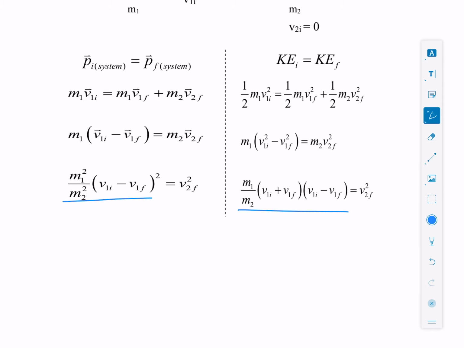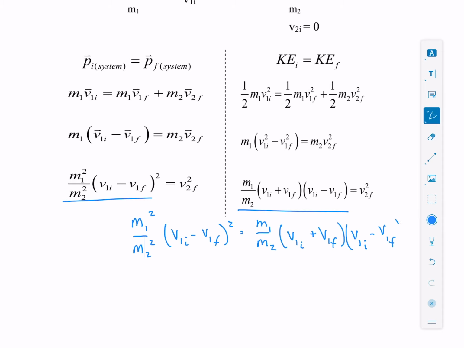So what we can do is set them equal to each other. So let's do that. M1 squared over M2 squared times V1 initial minus V1 final squared equals M1 over M2 times V1 initial plus V1 final times V1 initial minus V1 final.